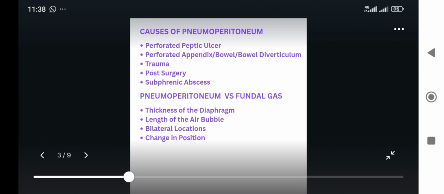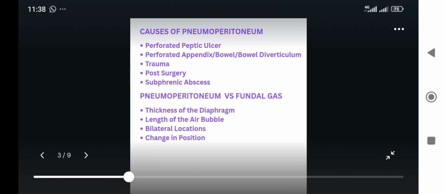Then also we'll look at whether they are bilaterally located or just one side. If the right side has a pneumoperitoneum, and you are confused about the left, then we can assume that there is pneumoperitoneum. And if you're still confused about the quantity or something like that, we can change the position of the patient.